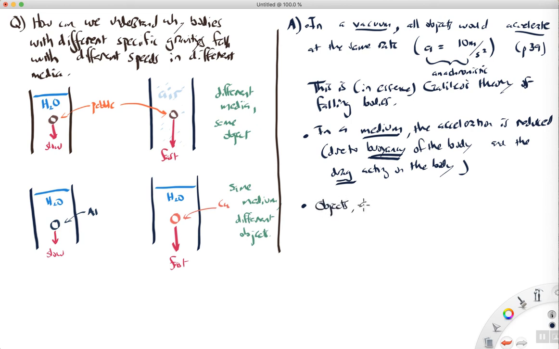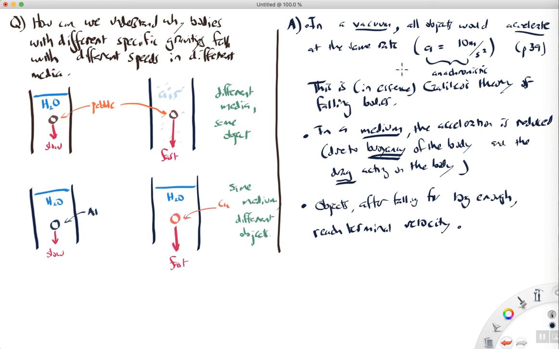Okay? Another point I'd like to make right away is that objects, after falling for long enough, reach what is called terminal velocity, or a final velocity, a final speed. Okay, why is this? Well, it's because according to Galileo's theory, in a vacuum, an object would simply keep accelerating.